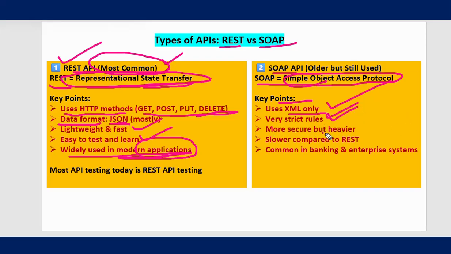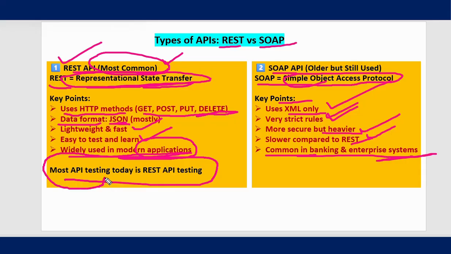More secure but heavy, and slower compared to REST API. REST API is a little faster in comparison to SOAP, and SOAP is common in banking and enterprise systems. So most API testing today is REST API testing.